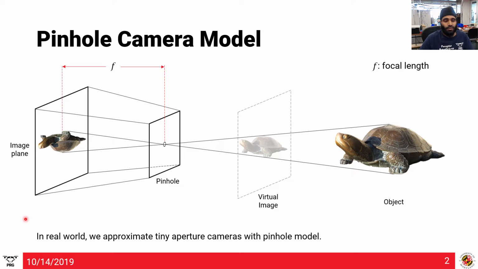In the real world, this approximation of a pinhole doesn't work, because when you go with a tiny aperture like a pinhole, there is something called diffraction. Any light ray entering the pinhole, if it's too small, will hit the edge of the hole, and through diffraction your image will be very blurred.